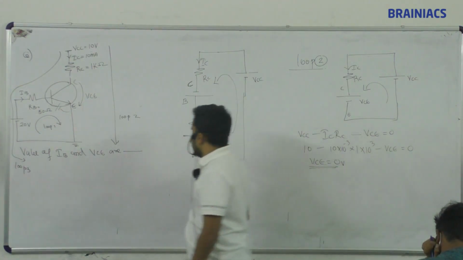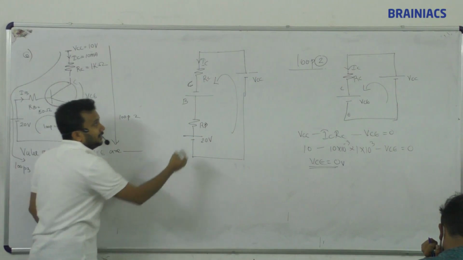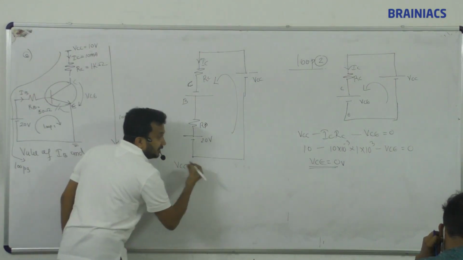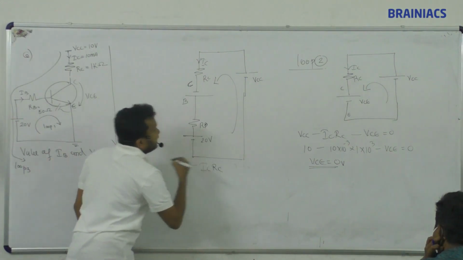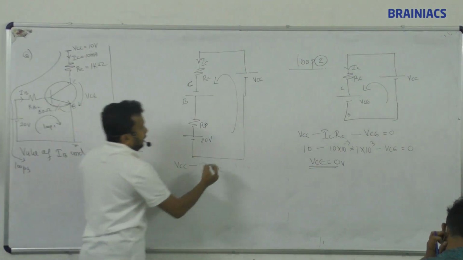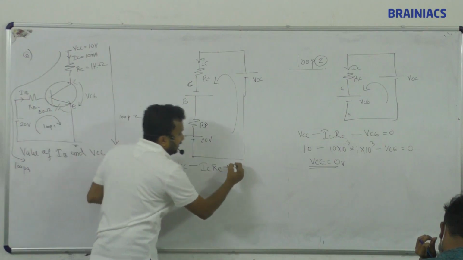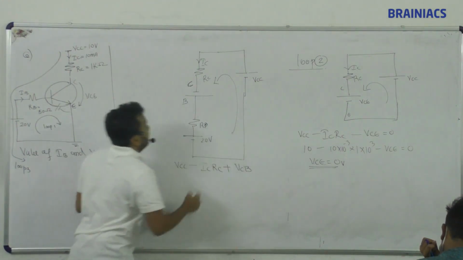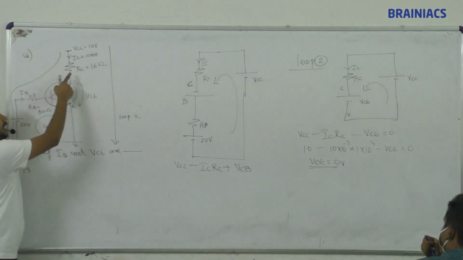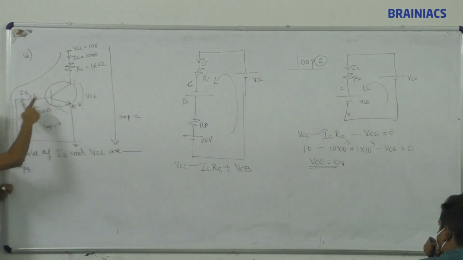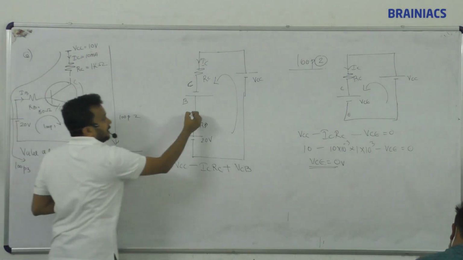Okay. We'll write the equation. Tell me the loop equation, sir. VCC minus IC RC plus VCB, correct? Then when RB comes, we have to take the current of RB. IC RB is not the same. In the loop it is the same, but here the current has changed.